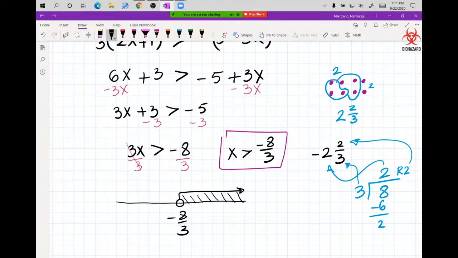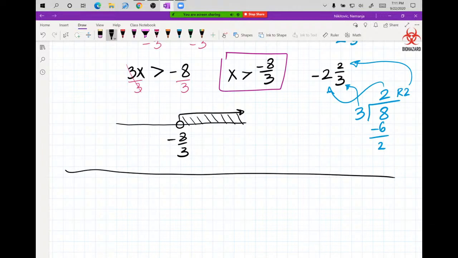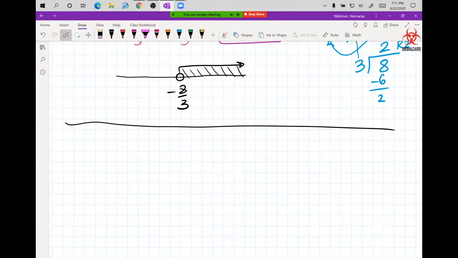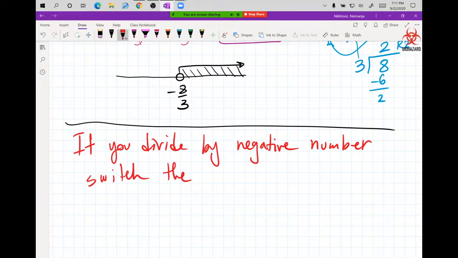And that's that part. We have one rule and another example, and this rule is very important. If you divide by a negative number, switch the inequality.